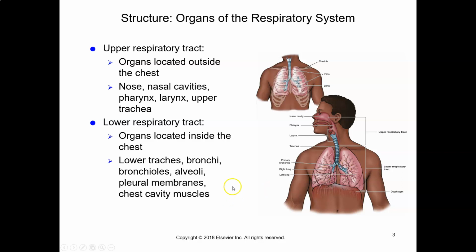And then the lower respiratory tract are the organs located inside the chest. So that's the trachea, the bronchi, bronchioli, alveoli, and the pleural membranes, and the chest cavity muscles, which you see here, that's the diaphragm.